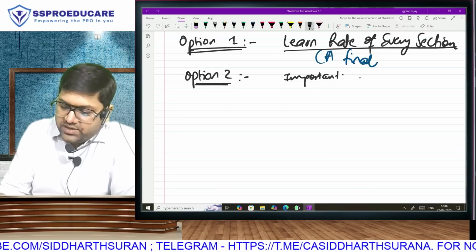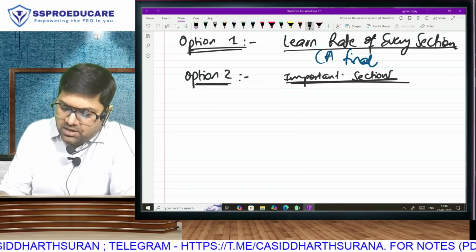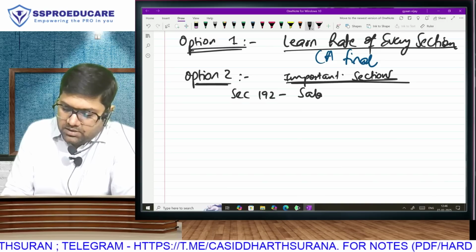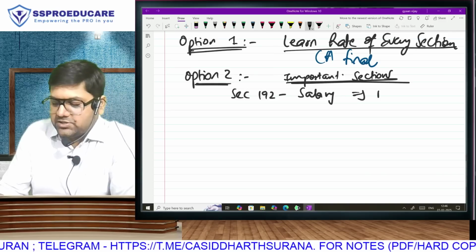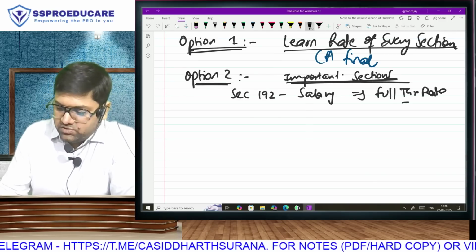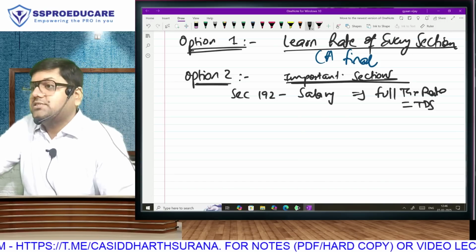Highest number of questions in the exam come from these sections. One is section 192 salary, where we have already seen it is the full tax rate, plus surcharge plus cess.